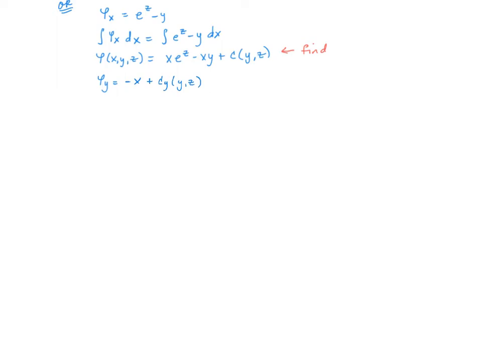I'm going to set that partial derivative with respect to y equal to, or compare it to, the g component of my vector field F, and that g component was e to the y minus x. When I compare these two, they both have a negative x, so it must be true that the partial derivative of the constant with respect to y is equal to e to the y.